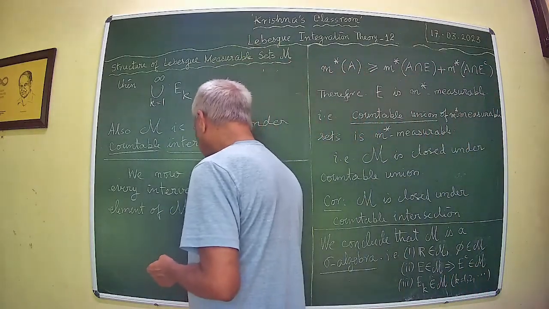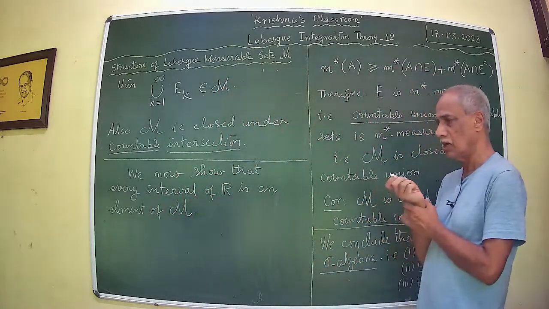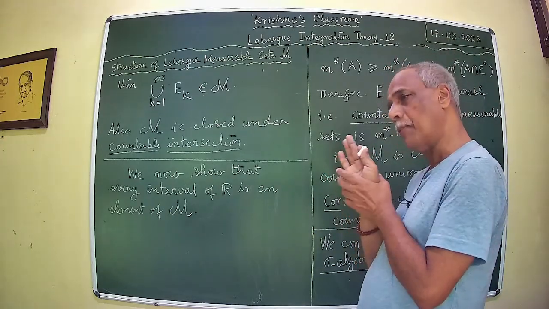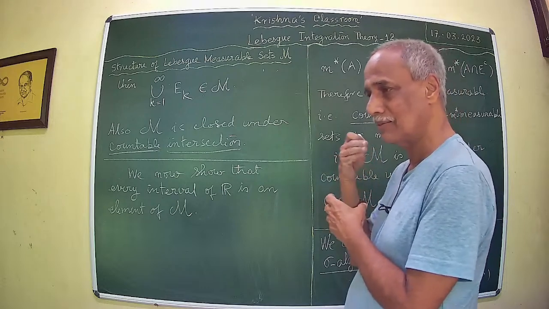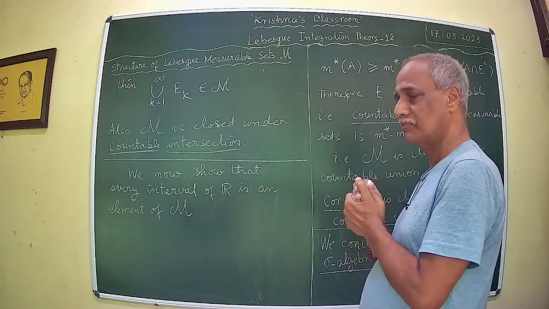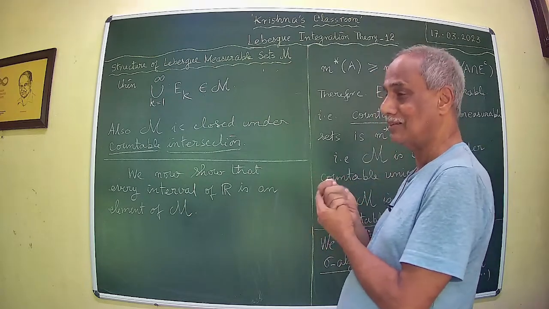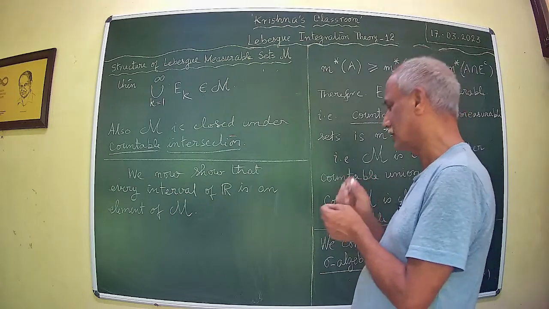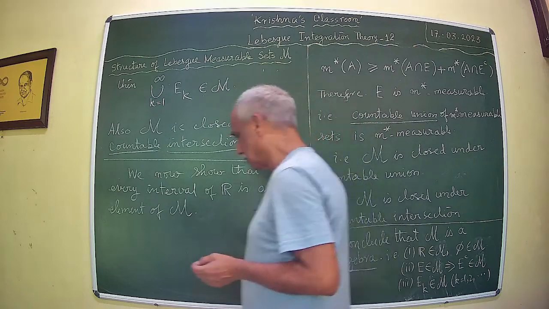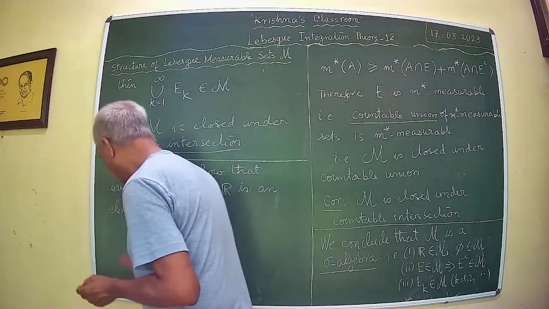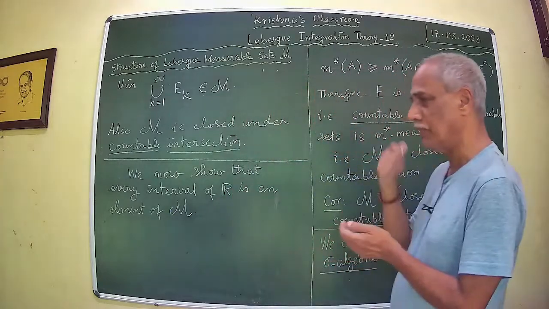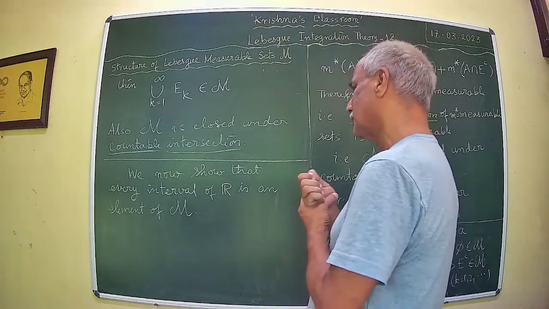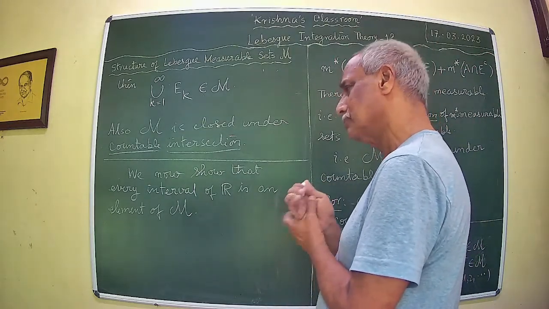And the consequence of this is that, as we shall explain later, all open sets of R are in script M. Therefore, all closed sets are in script M. Okay. Now, not only that, open sets are closed under arbitrary unions. What we can say is that all countable unions of open sets are measurable.